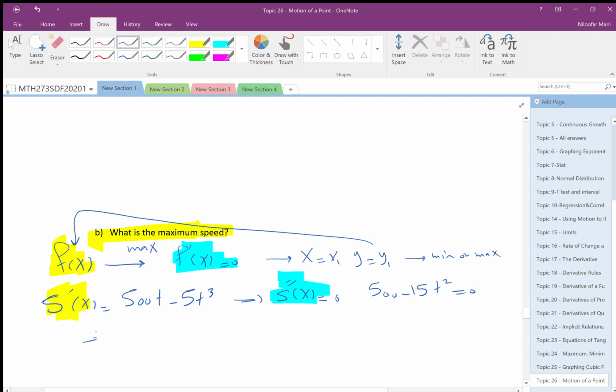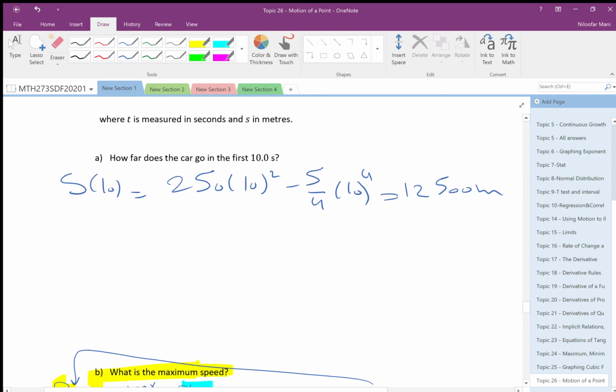Now what is t? When I find t, it is 500 divided by 15, and I use the radical. So t is 5.77 seconds.